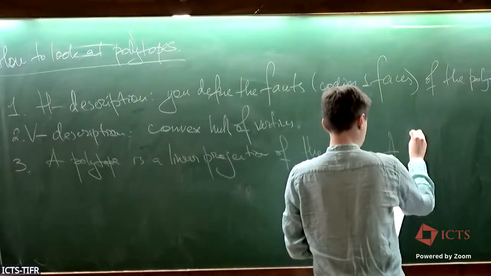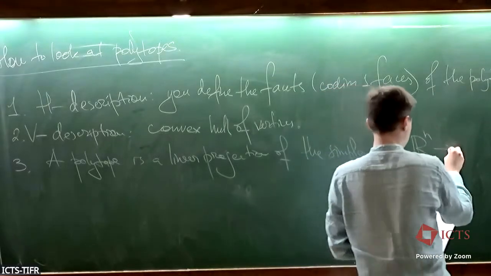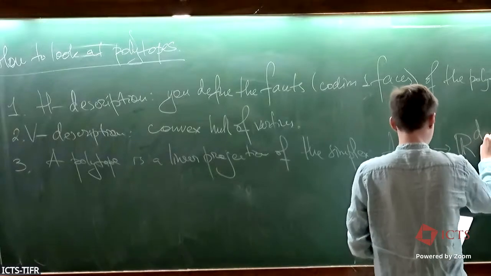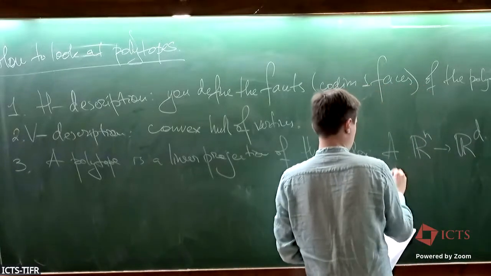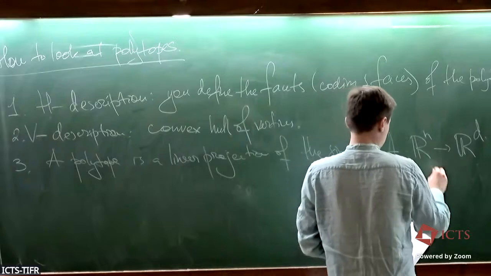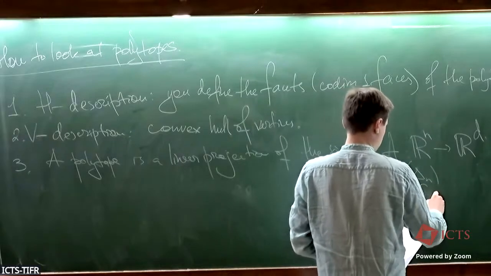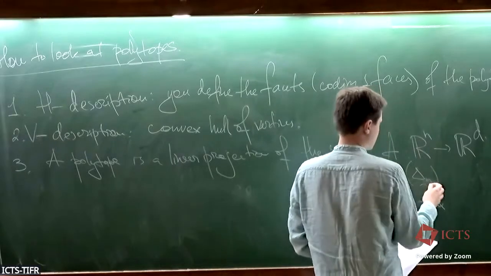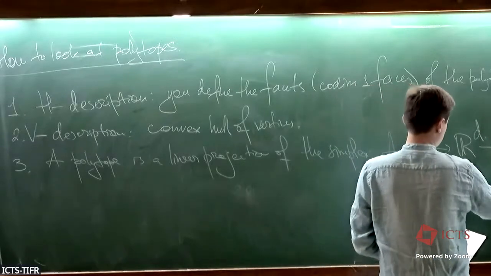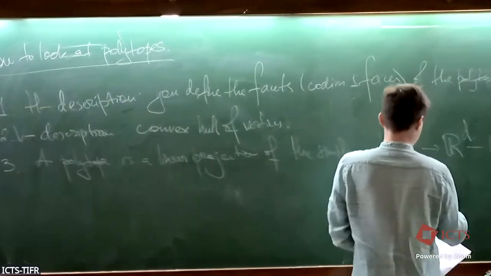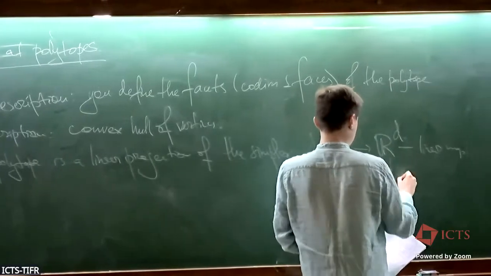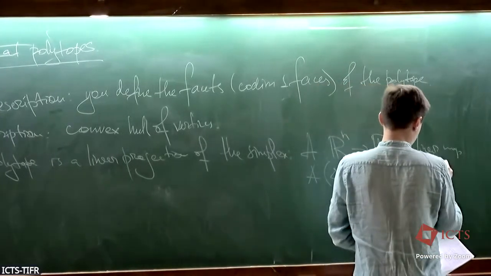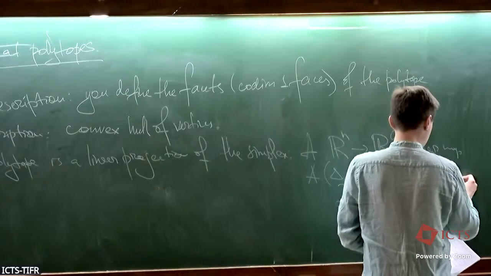So A is a linear map from R^n to R^d, and then this is the simplex, the image under this linear map. So this is a linear map that's given by some matrix. In R^d, it is a polytope. And any polytope can be represented like this. This is slightly less obvious, but this is still true.